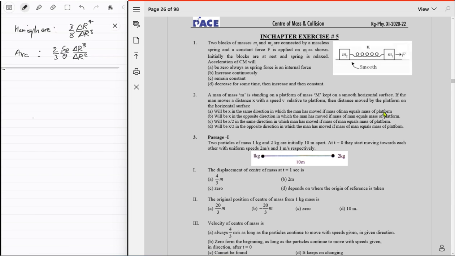So what you have is negative y times the platform's mass, plus the guy itself just moved, right? Just small m times (x minus y). Remember, it's with respect to the platform, which is already moved by y towards left, or right, or whatever you're calling negative. So that is equal to 0. Easy as that. y is just mx upon (m plus M). Shouldn't be that hard, right? Yeah, that works out.